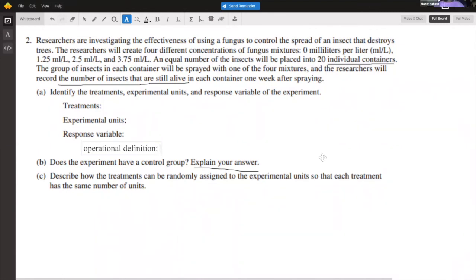That would be the exact thing that's being measured. So here it would be the number of insects. In this case, it's the same thing as the response variable.